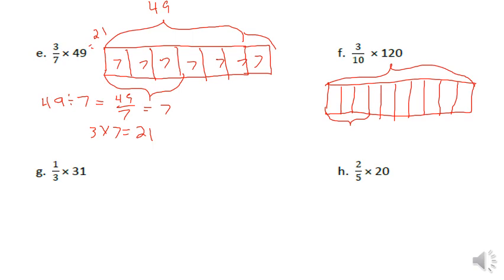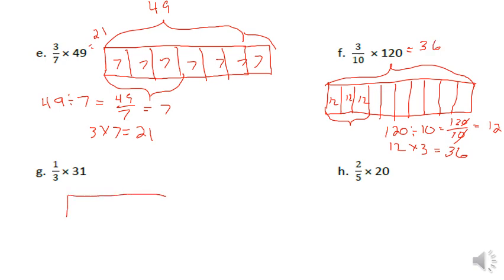So we know that we have 120 divided by 10, which equals 120 over 10. Using what we know about multiplying and dividing, we can take out the common factors of 10, and we know that equals 12. So now we know each one is equal to 12. So now we've got 12 times 3, which equals 36. So 3/10 of 120 would be 36.